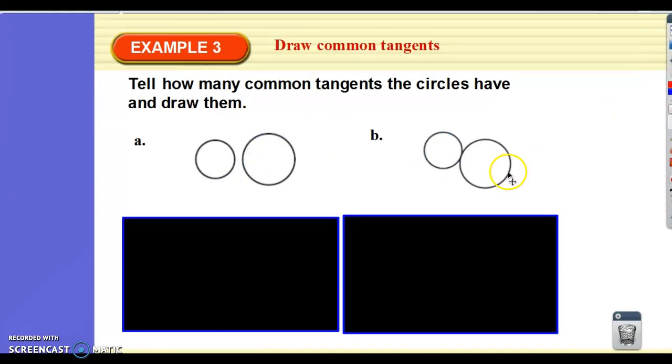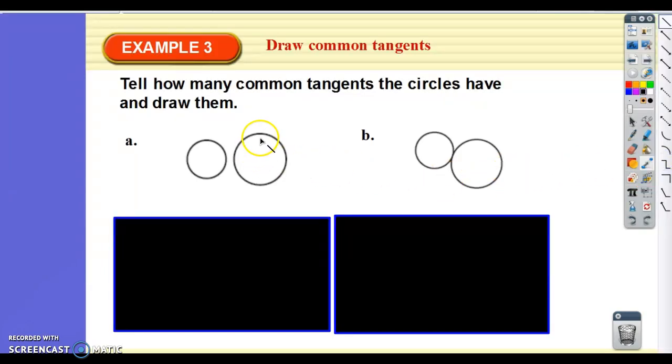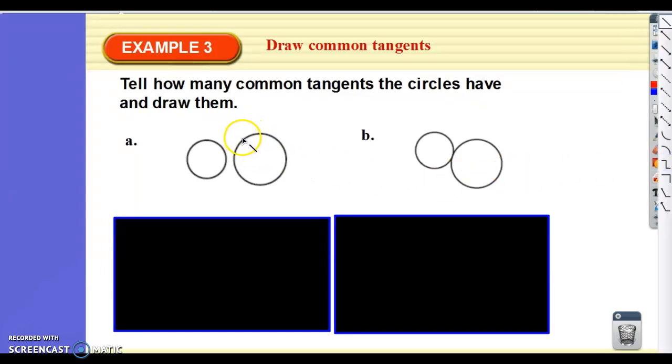Tell how many common tangents the circles have and draw them. A common tangent intersects both circles at only one point. So you could have a line that goes like that and another one like that. And then couldn't we also have one like this and one like this?